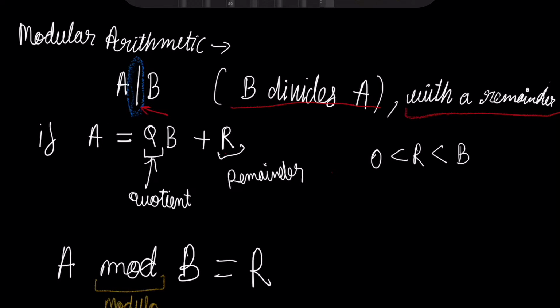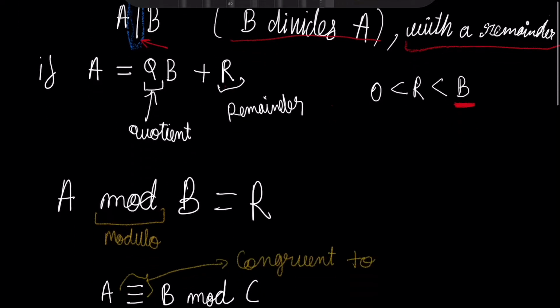For that, A should be equal to some constant times B plus R, and R should be greater than 0 because we want a remainder, as I said. And R should also be less than B, because what's the point of a remainder if it can be further divided? One more B can be extracted out of it, right?